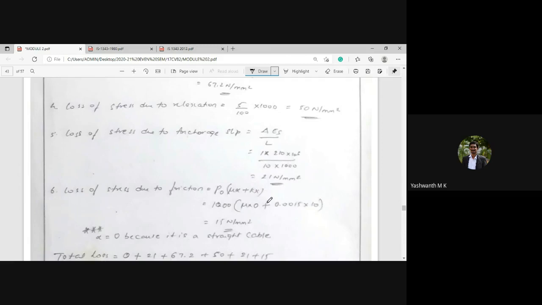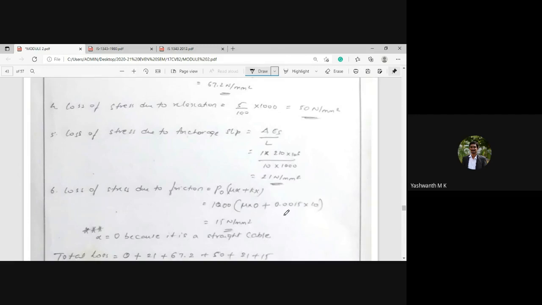Plus the wobbling effect, that is 0.0015, which has been given for the pre-stressing. In this particular thing, x is nothing but the distance over which it has been pre-stressed. In this problem, it has been pre-stressed up to the 10 meter length because the cable length is 10 meter. Hence I am going to substitute in meter, that is 10.